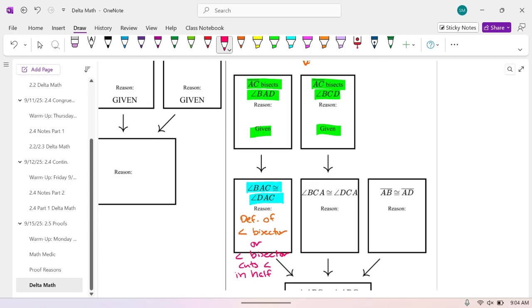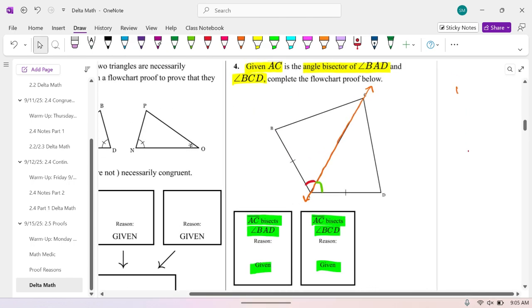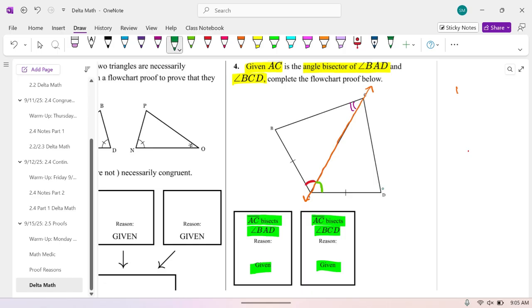Now, they then say, because AC bisects BCD, that angle BCA is congruent to DCA. So they're saying that angle BCA, so this one right here, is congruent to DCA, so right here. What's the reason for that one?